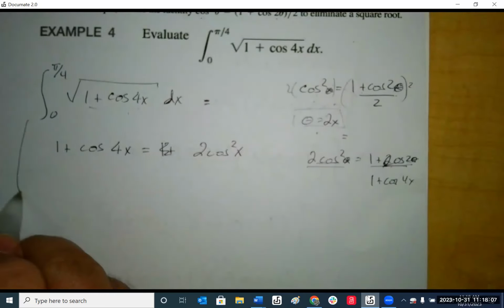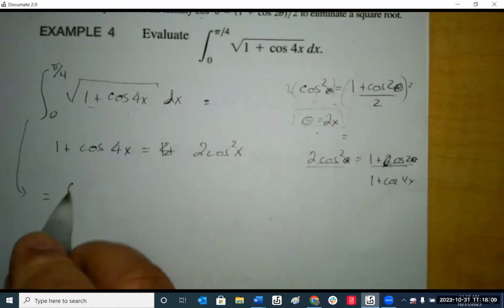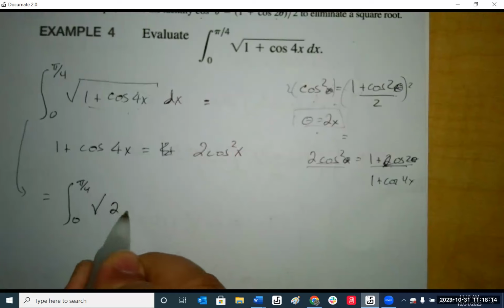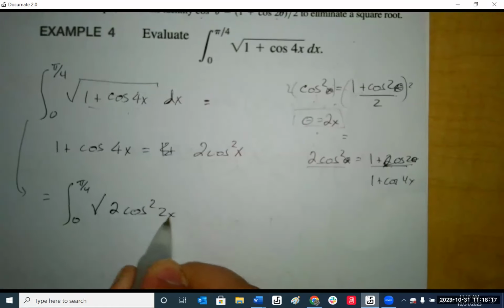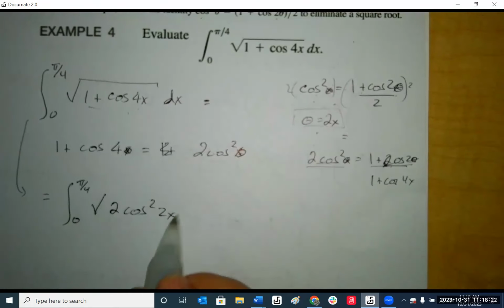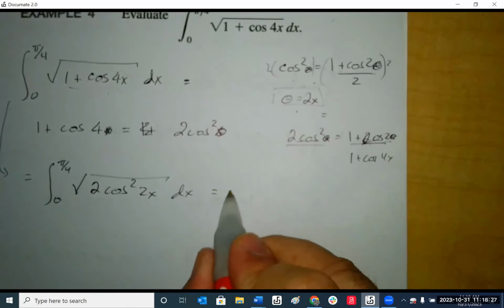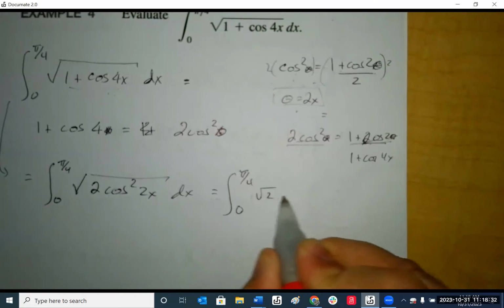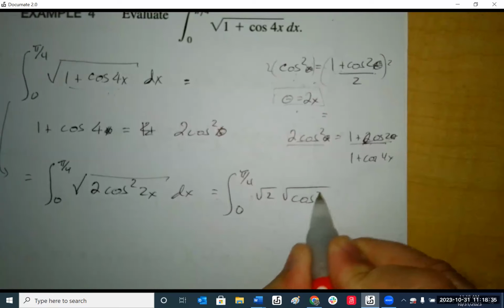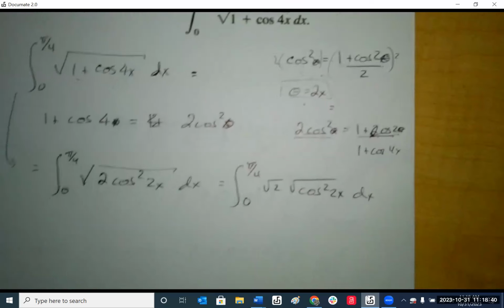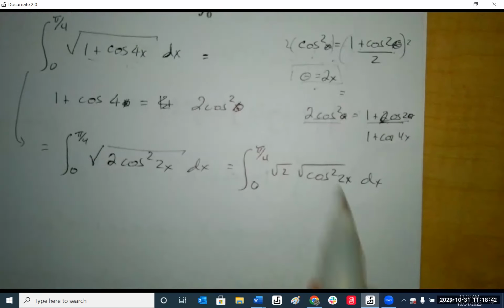Right, so this then becomes the integral from 0 to pi over 4 of the square root of 2 cosine squared 2x. All right, so we can split those up. Theta is 2x.